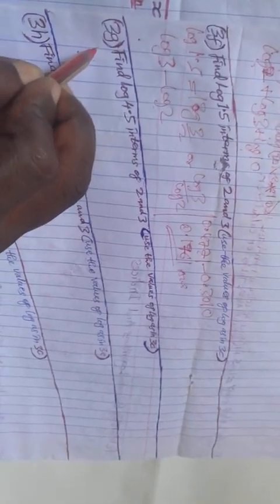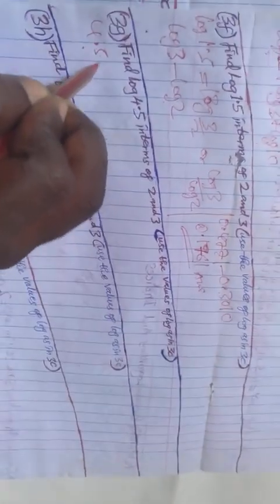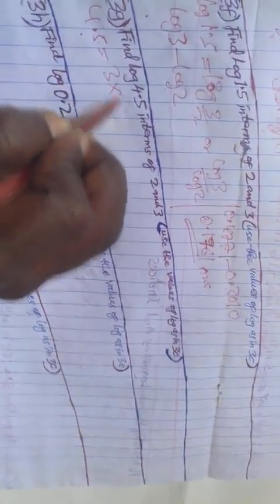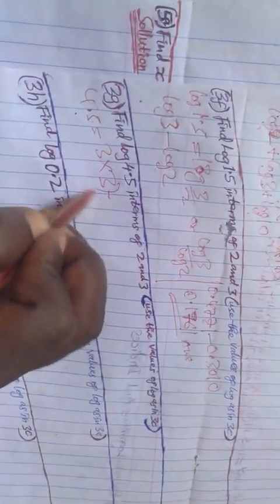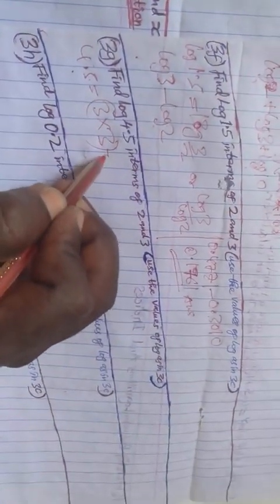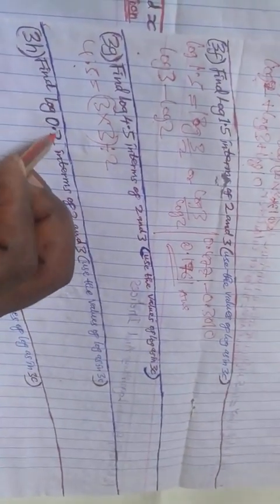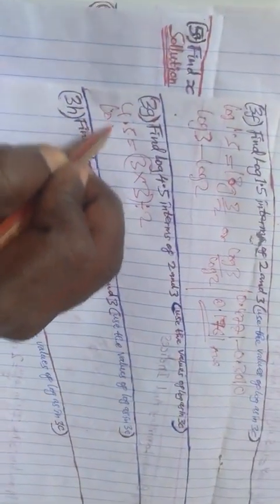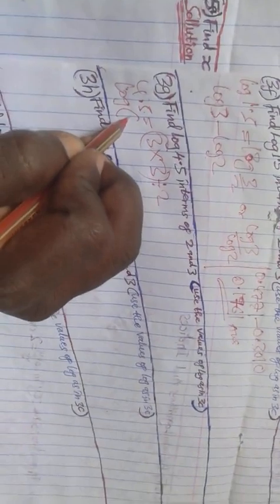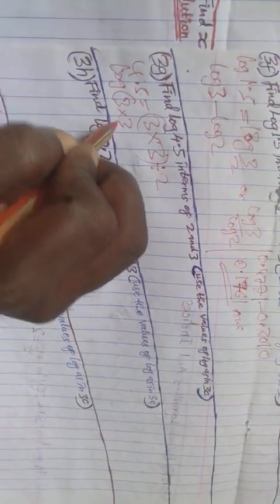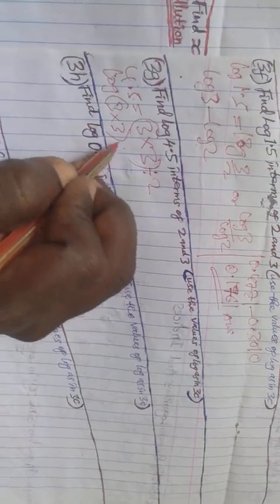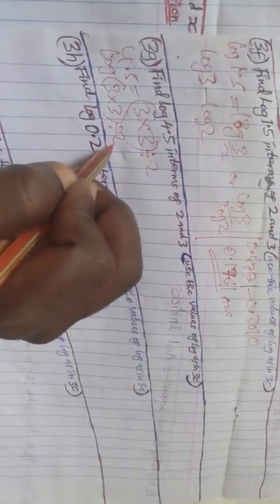Therefore, 4.5 is the same as 3 times 3 in brackets divided by 2. This will further give us log of 3 times 3 in brackets divided by 2.